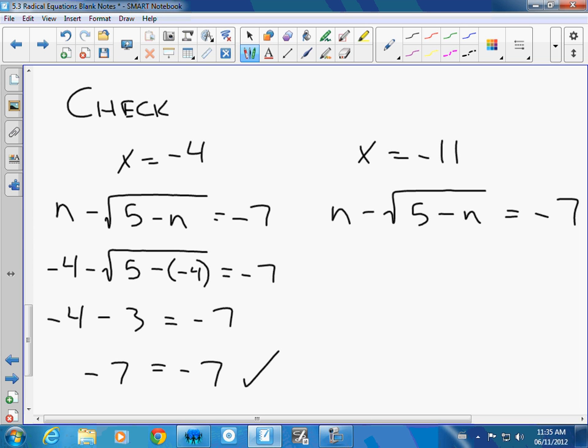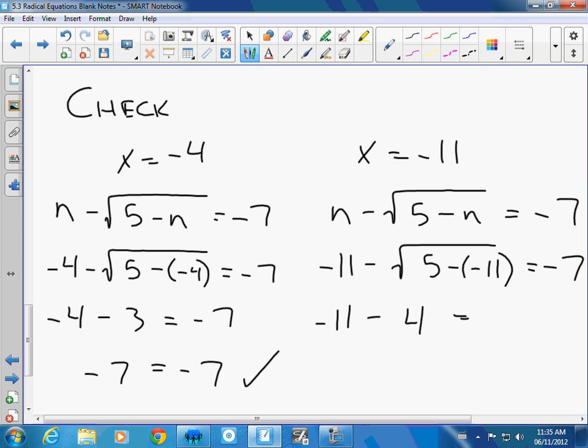Negative 11 minus 5 minus negative 11 equals negative 7. You have to show whether or not it's the correct answer. Negative 11 minus... what's 5 minus negative 11? Positive 16. Square root of 16 is 4. What's negative 11 minus 4? Negative 15 equals negative 7.